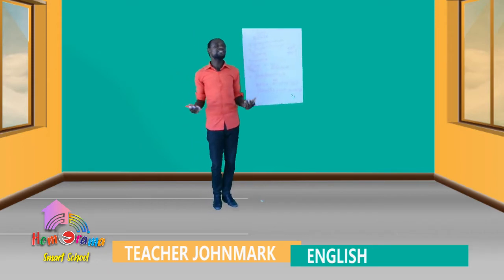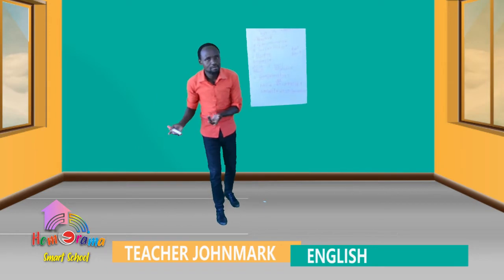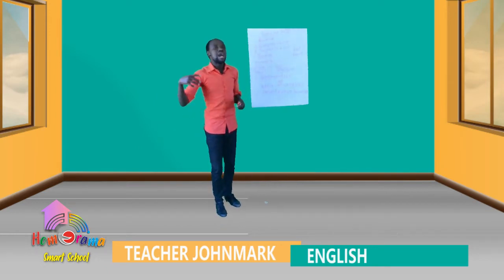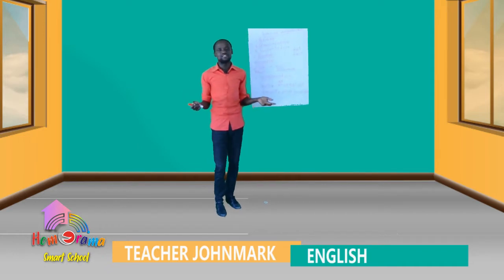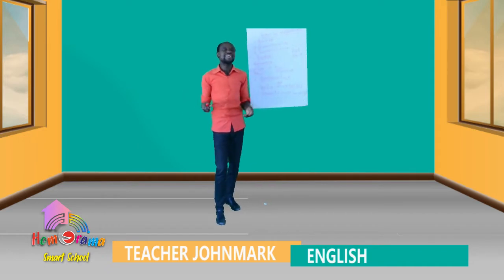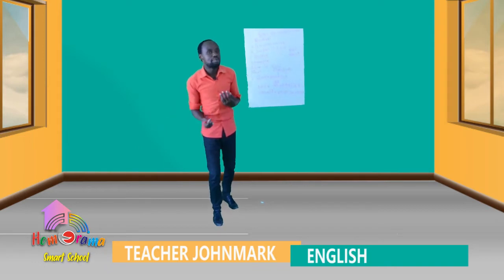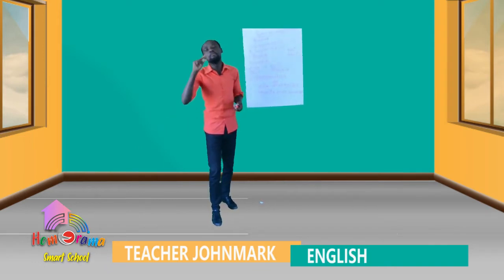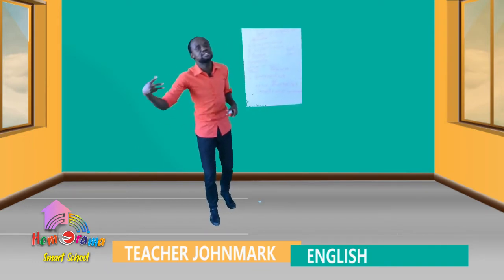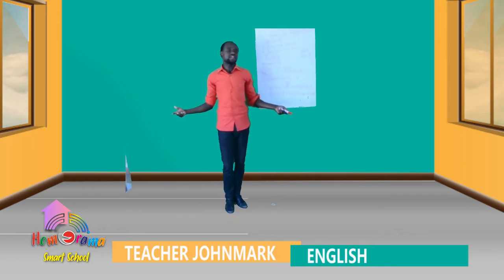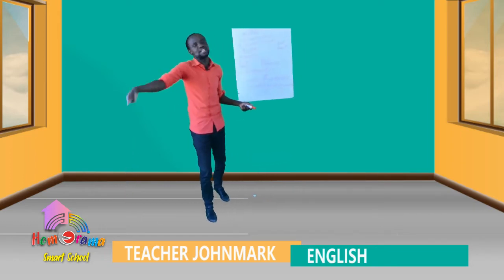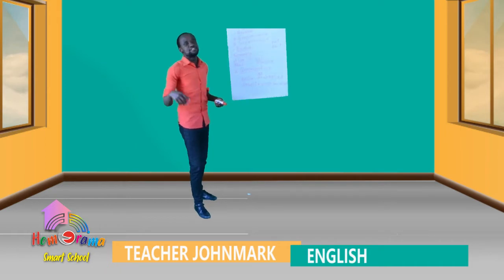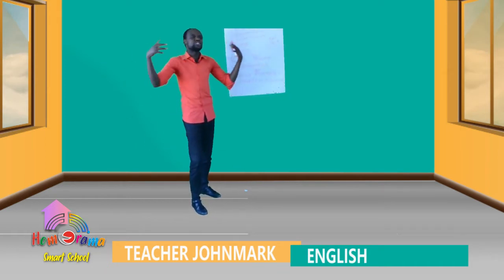There is nothing like handsomer, but we say more handsome. Another one is expensive. There is nothing in English like expensiver, but we say more expensive. Another one is difficult. We say more difficult and not difficulter. First of all, it does not even make sense.